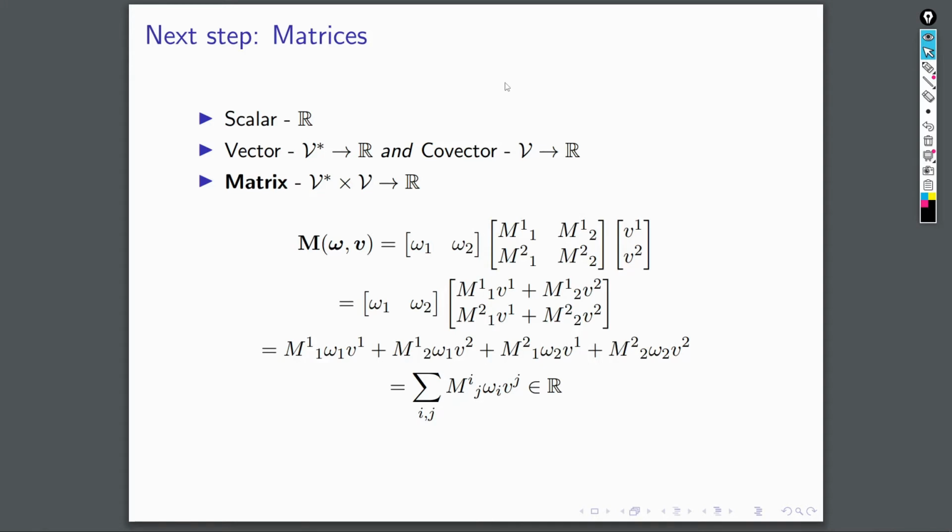So the next level of abstraction is matrices. So, right, we have a scalar, which is just a real number. We have a vector, which is a map from the dual space to the real numbers, and we have a covector, which is a map from the original vector space to the real numbers.